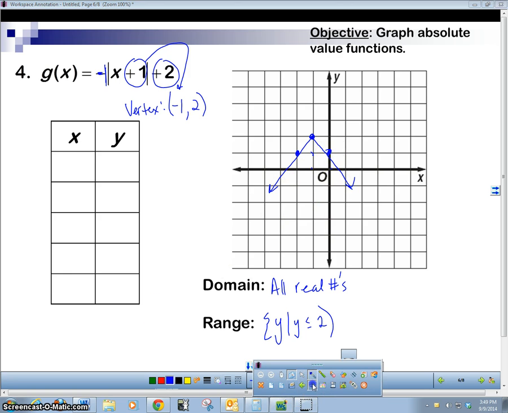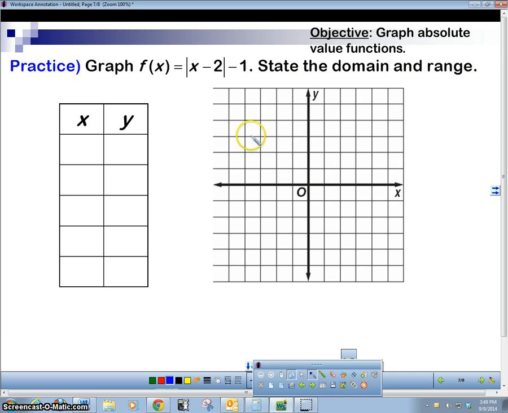All right, let's try another one. Practice. I'm almost done, guys. This is a piece of cake, isn't it? So what's my vertex? The vertex is positive 2, negative 1. Positive 2, negative 1. Okay, what's my quote-unquote slope? It's a 1 right here, right? So I'm going to go up 1 and over 1.